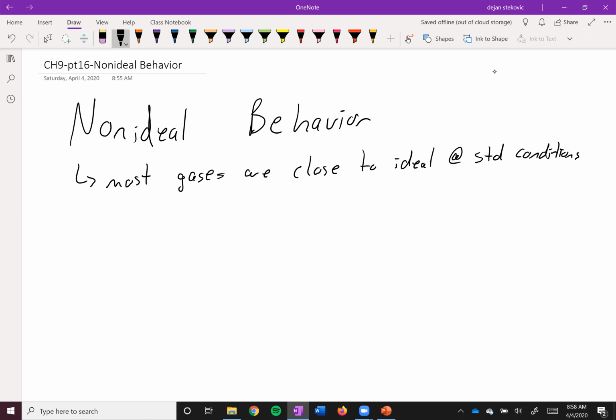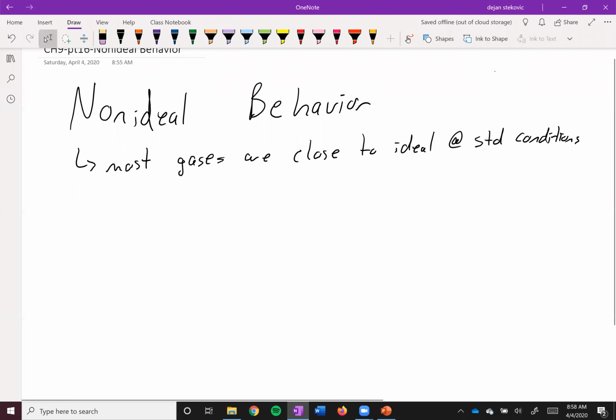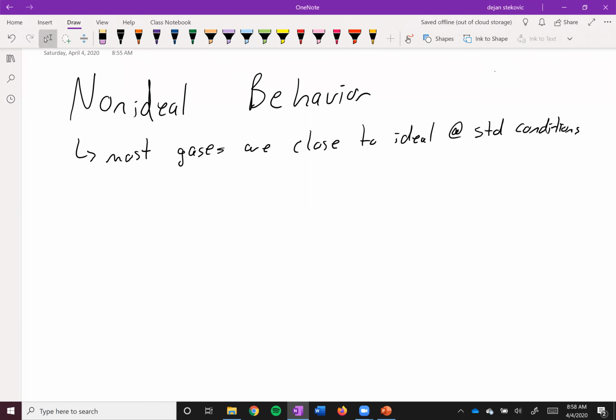So let's take a look at the two things that break this ideal behavior. If we think back to kinetic molecular theory, one of the things we said is that the collisions are elastic, right? And what that means is there's no attraction or repulsion between the molecules.